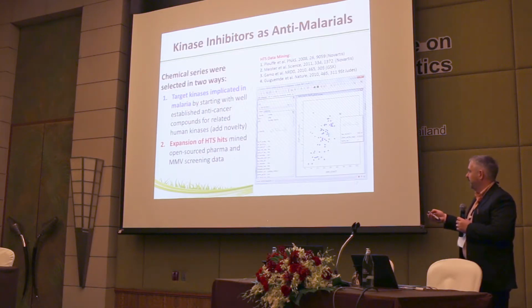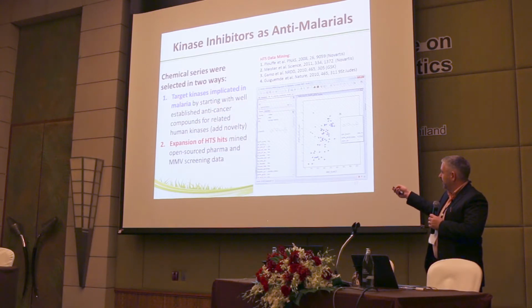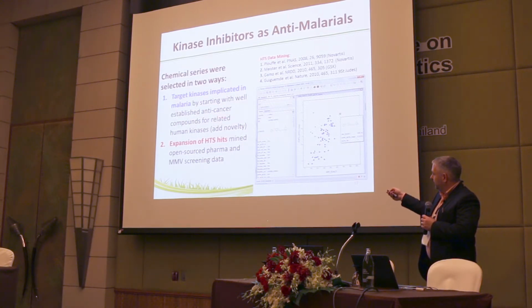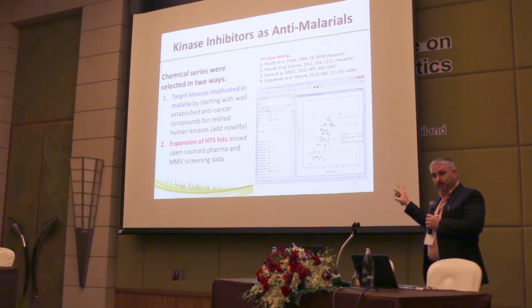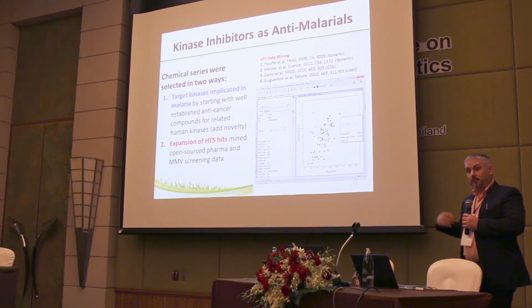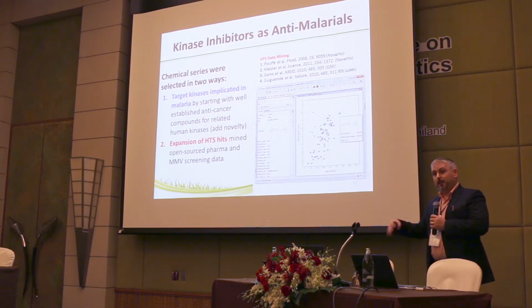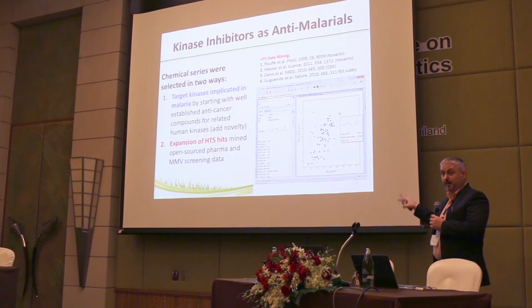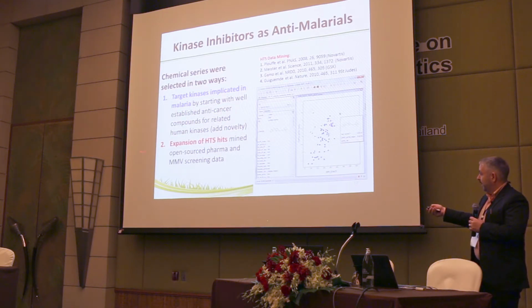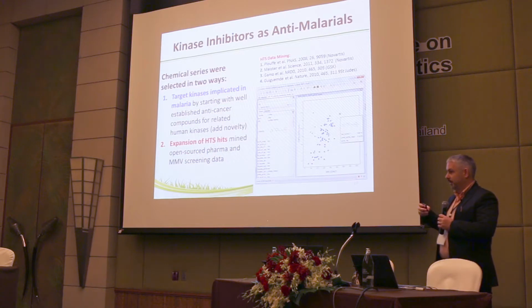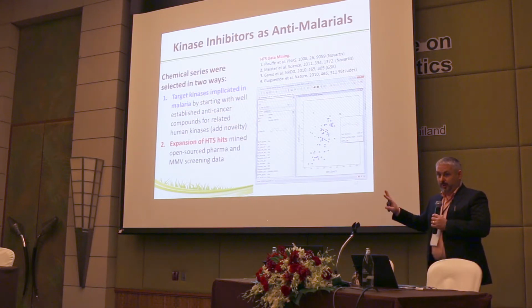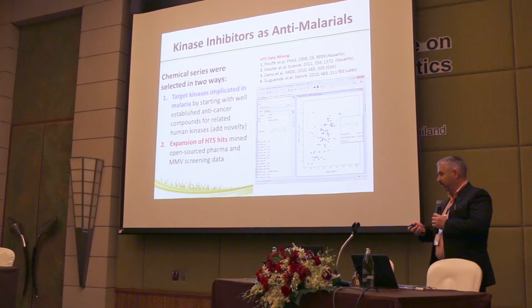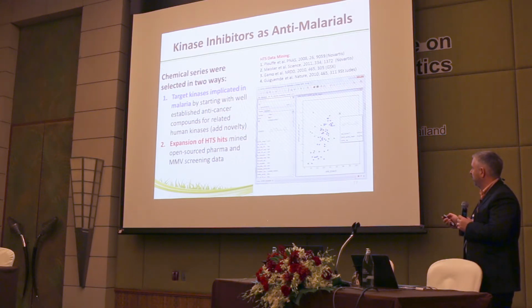So in this case, we selected kinase targets that were implicated in malaria based on both the Derbyshire paper and earlier papers, so trying to bias the selection of compounds to chemotypes that are likely to inhibit the human kinases that have been identified by others. And then we went through the screening data, the HTS screening data, and identified kinase-like compounds that fit the criteria of, they look like kinase inhibitors, and we took those forward also. So two ways of doing it.